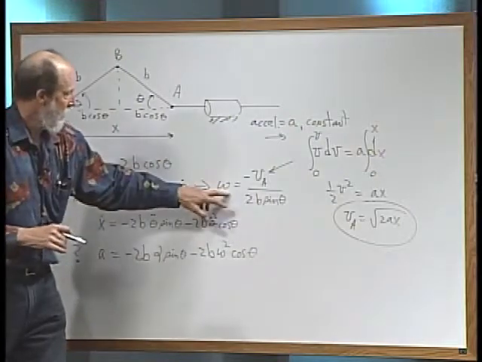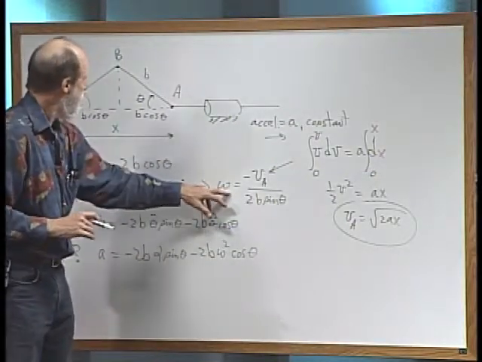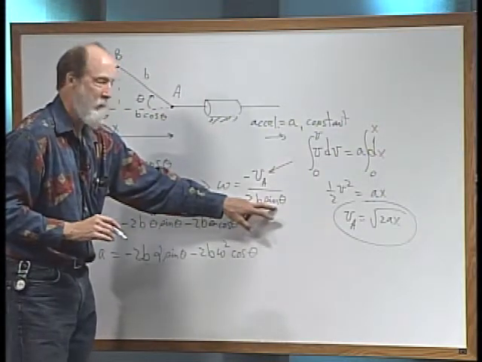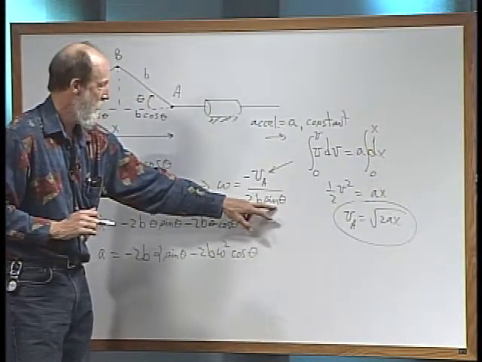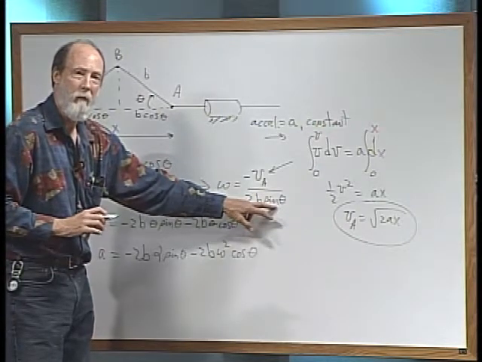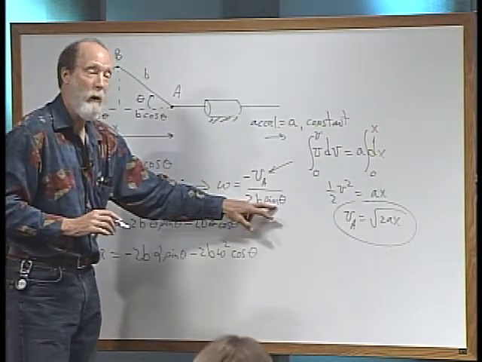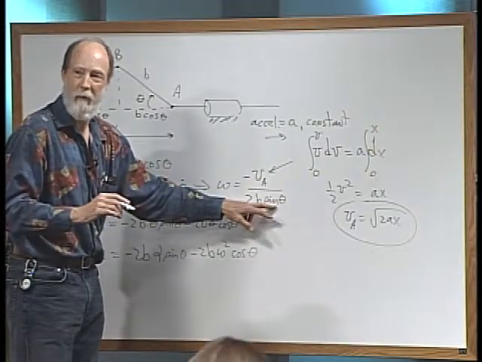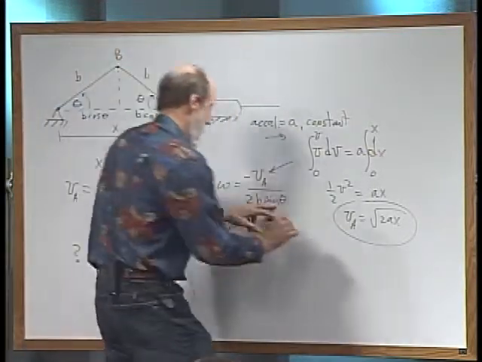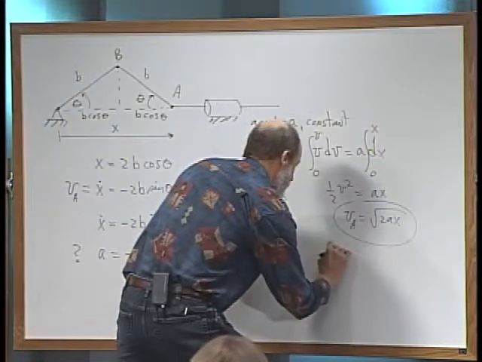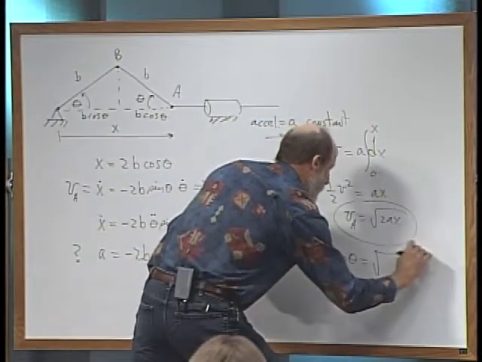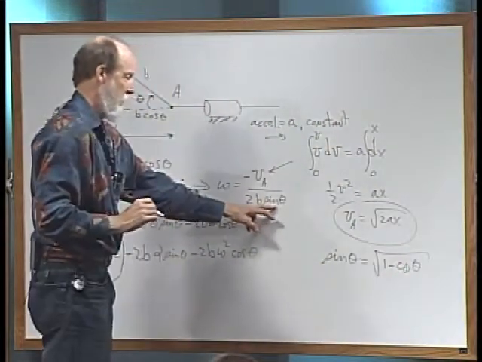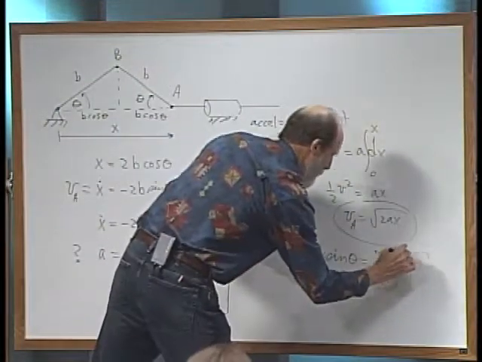So we come back to this expression for omega, and let's see, we've got another little trouble spot, sine theta. Well, we know good old Pythagoras: sine theta is equal to the radical of 1 minus cos theta squared.